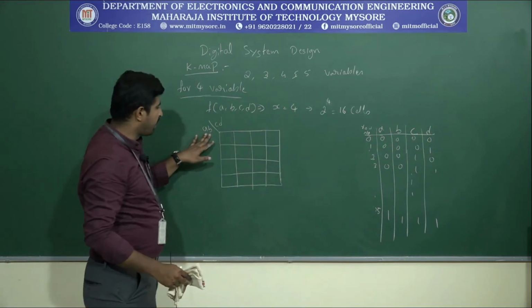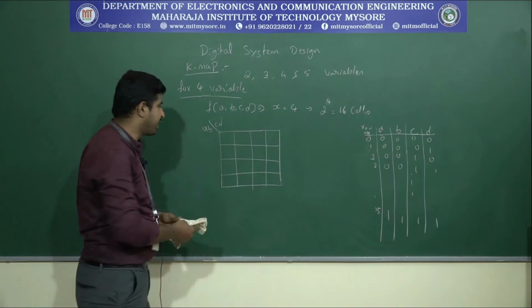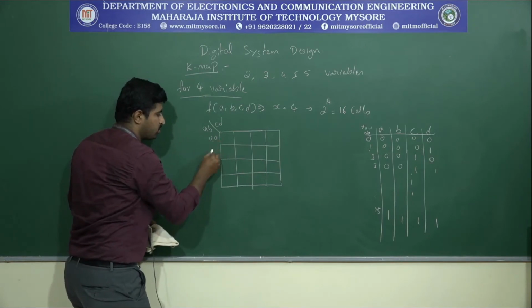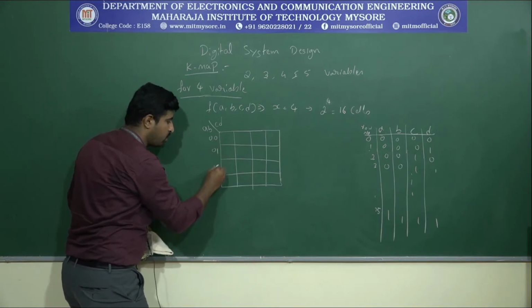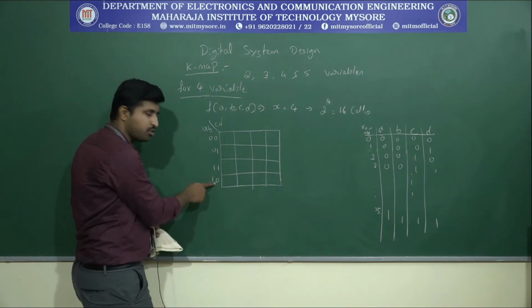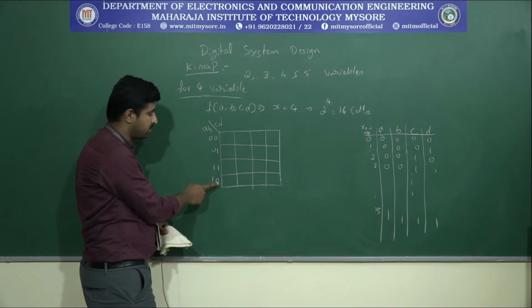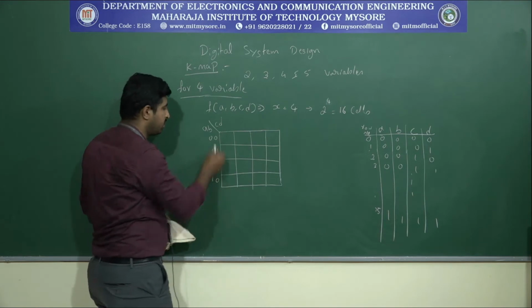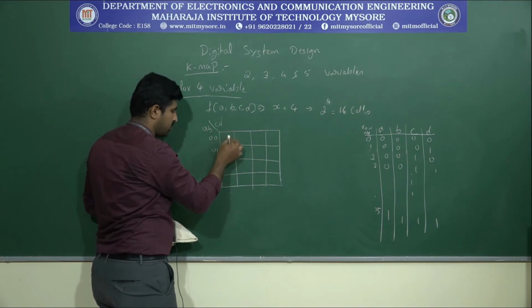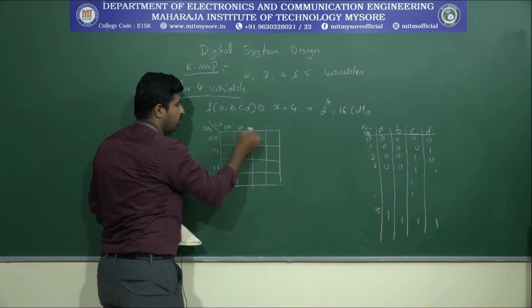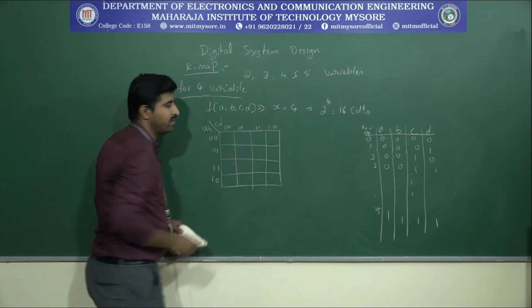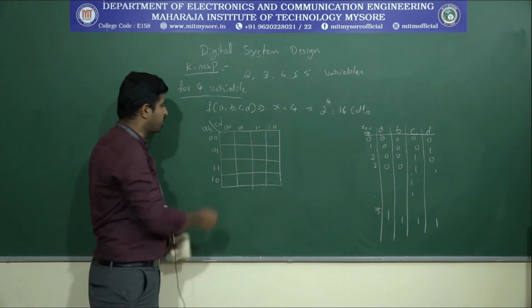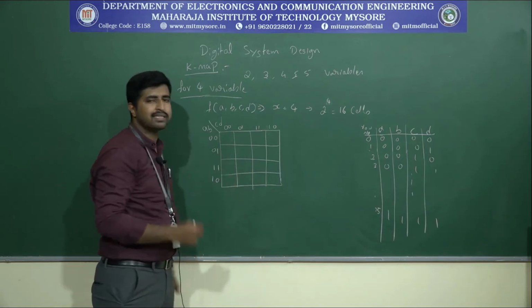So A, B: these 2 variables can take 0, 0, 0, 1, 1, 1, 1, 0. So 1, 0 should be written last. Why? We will see that again. Next C, D: 0, 0, 0, 1, 1, 1, 1, 0. And each cell will have its cell value.